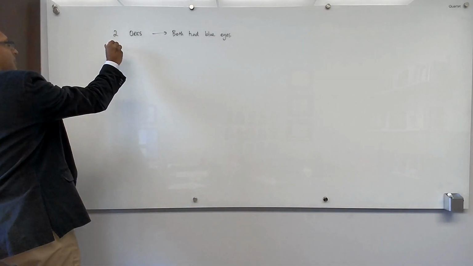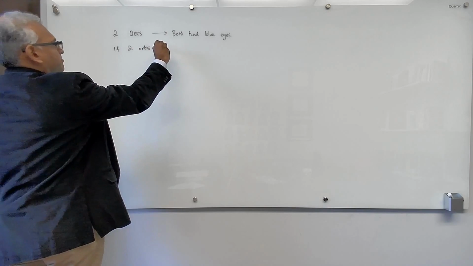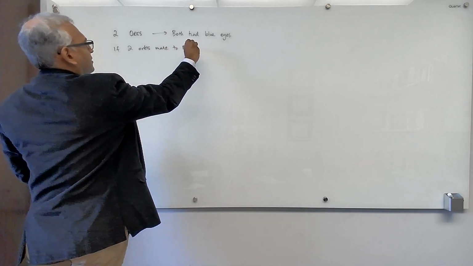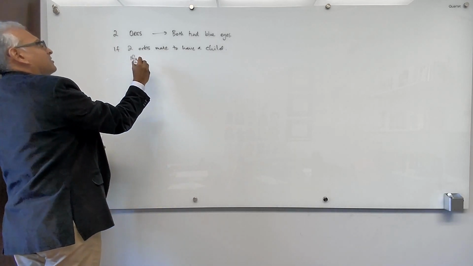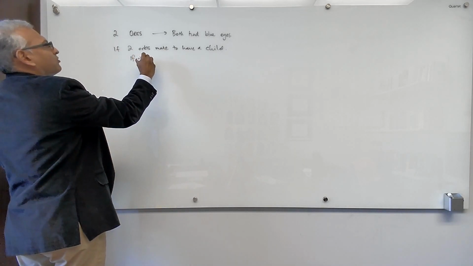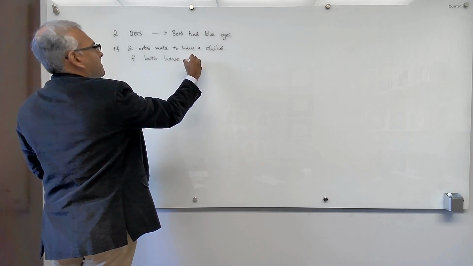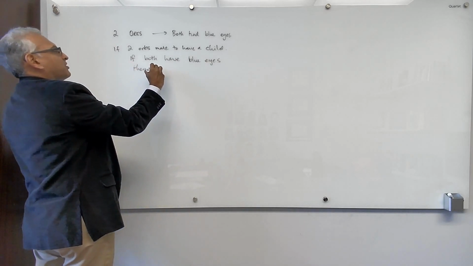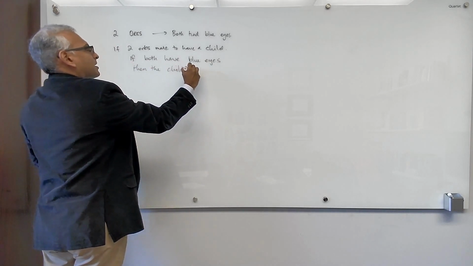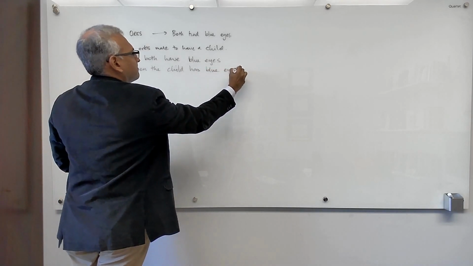So if 2 orks mate to have a child, if both have blue eyes, then the child has blue eyes.